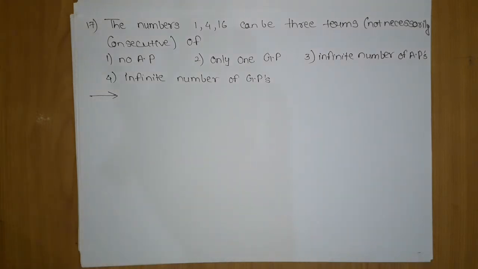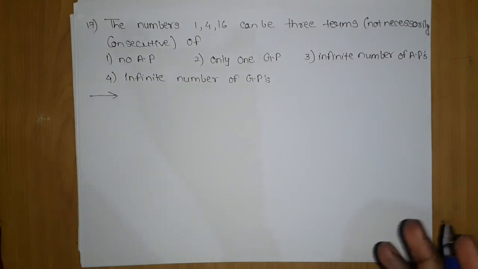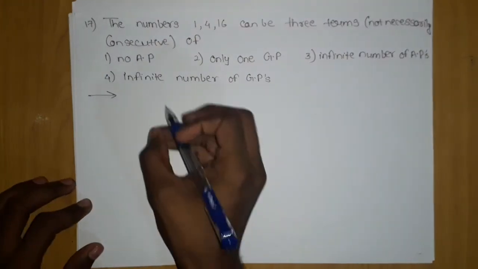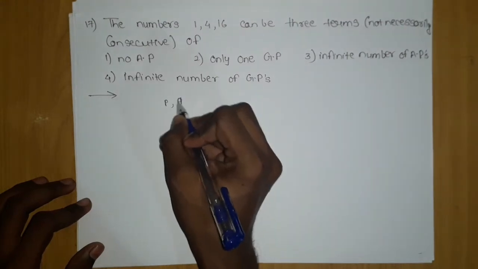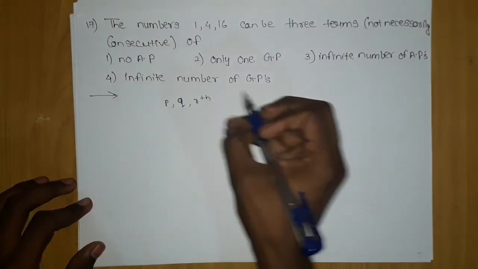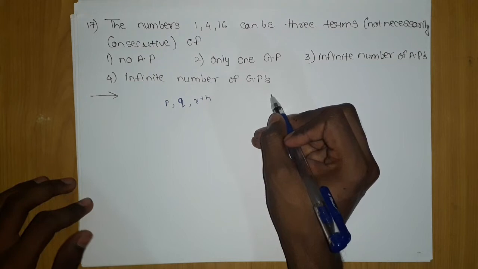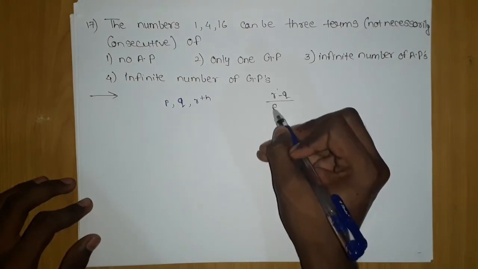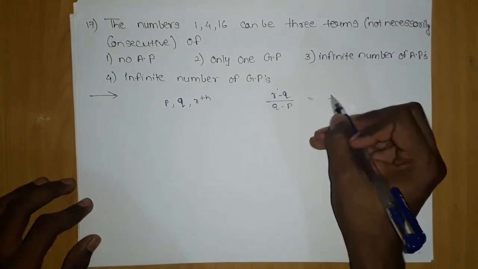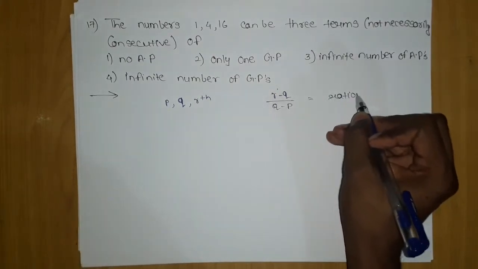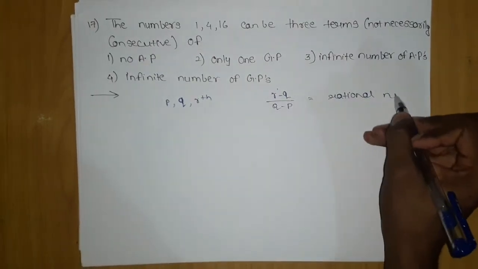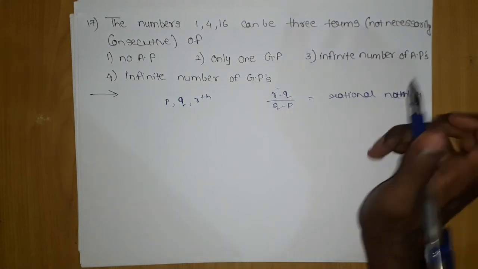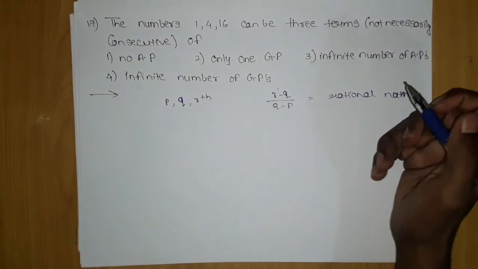If you remember the previous questions of this single correct or multiple correct type which we are doing, there was a simple condition: if there are pth, qth and rth terms and I want to prove that they are in AP, the condition was that (rth minus qth) upon (qth minus pth) should be a rational number. If that is true, then they can form an infinite number of APs.